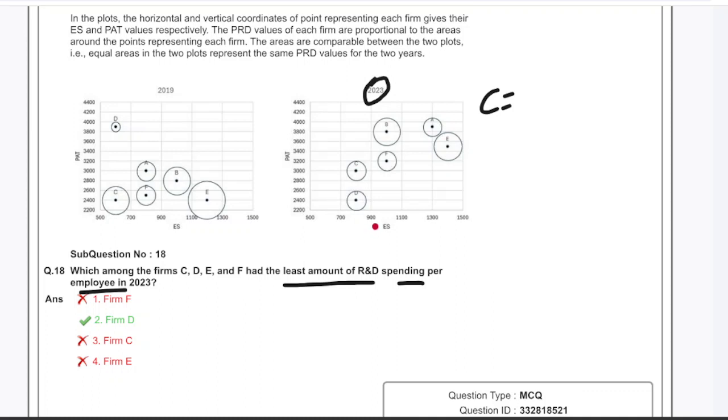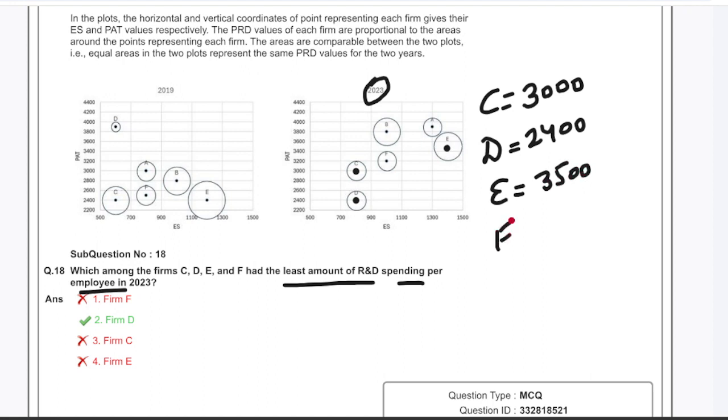Before that we need to see the PAT amount. So for C, the PAT amount is 3,000. For D, that is 2,400. For E, the PAT is 3,500. For F, it is 3,200.